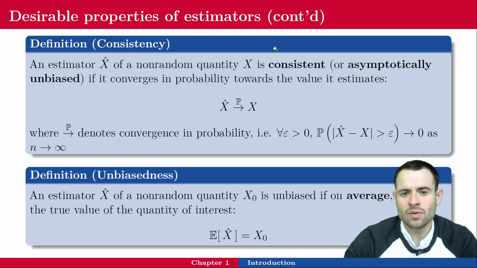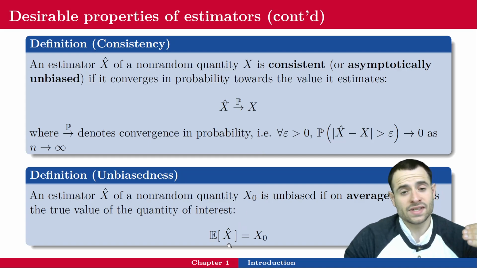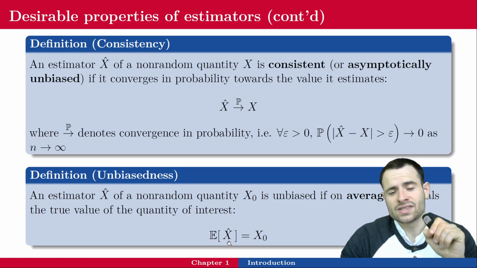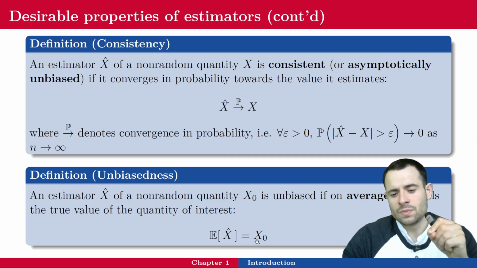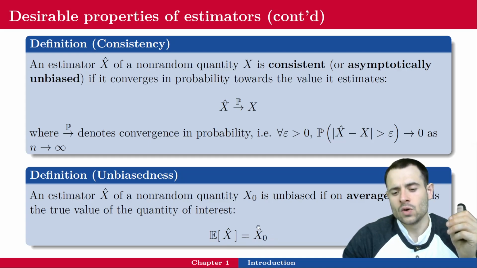It means that if I repeat my estimates over multiple samples, and the samples could be the same size, that's important, if I take the average of all of my estimates, it should be equal or close to the true value of the parameter we try to estimate.